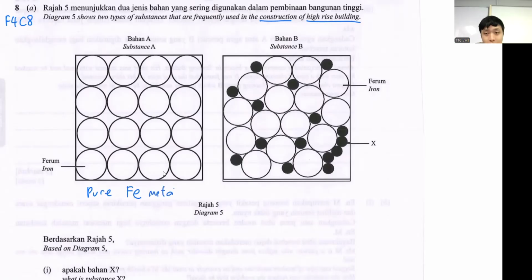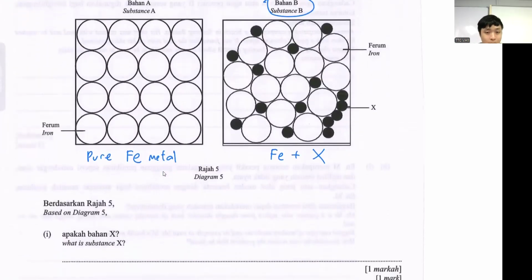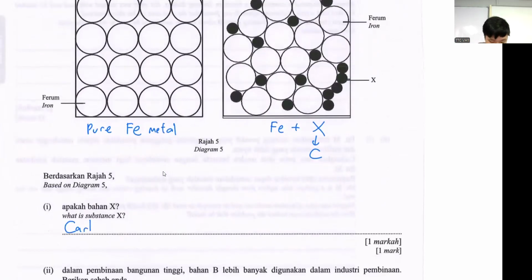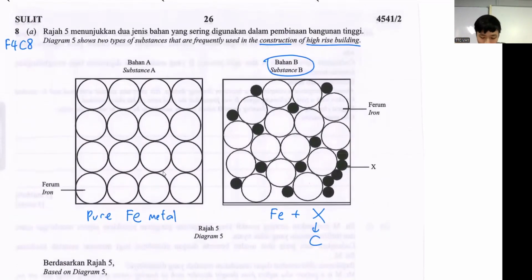B is iron plus X to make B. What is X? X is carbon, which contains about 1 or 2%. Iron contains 98%.